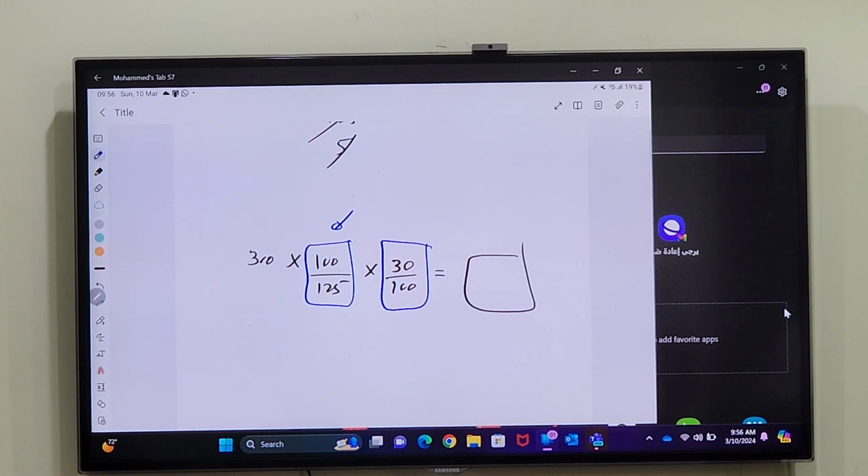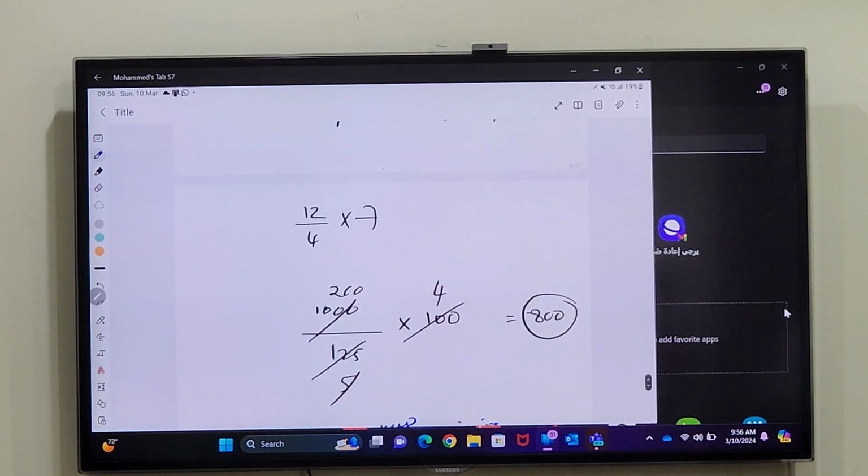This is to reflect the markup, and this is to reflect the remaining stock. What's the answer? 72. 72? No, can't be. You get 72? Then how come we get 60 here?